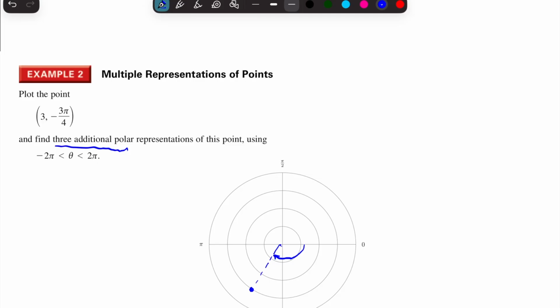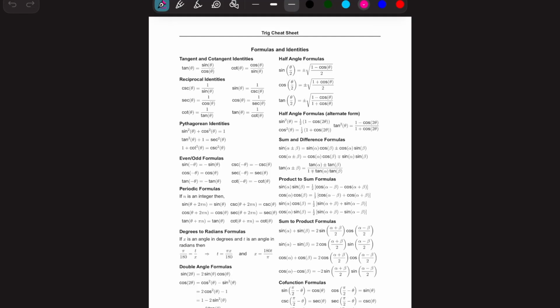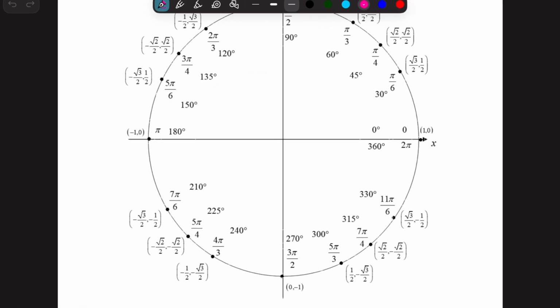Now we want to think of 3 other ways to get there, and our angle needs to be between negative 2 pi and positive 2 pi. So one way is just to measure that same angle, but in the positive direction. If I go that direction, we can look at our unit circle and note that if we go around, that angle was here.